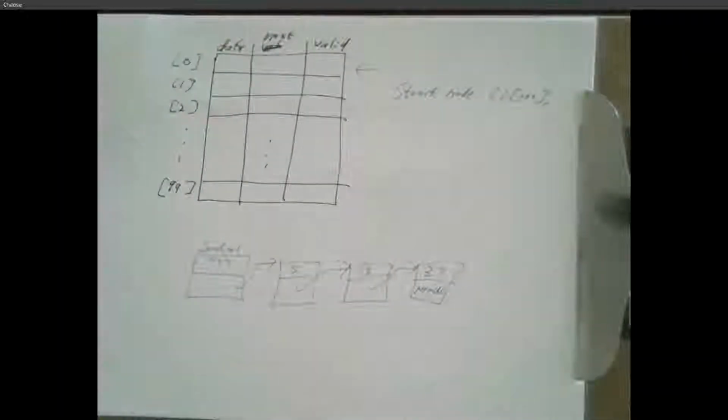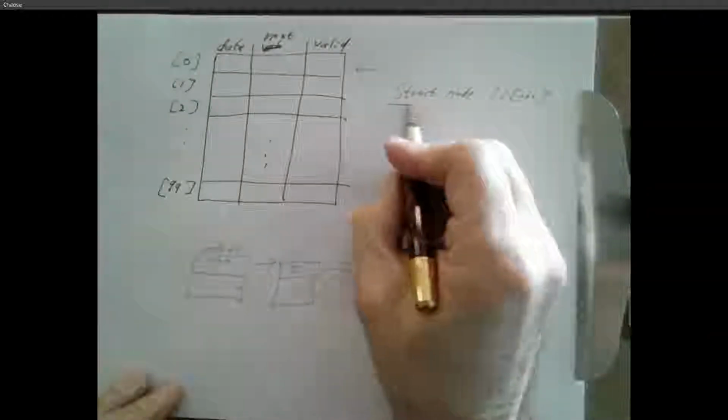Well, that works well for PA1, because I'm not going to add more than 100 things to your list. But this is not really desirable. And there's a few issues with this.